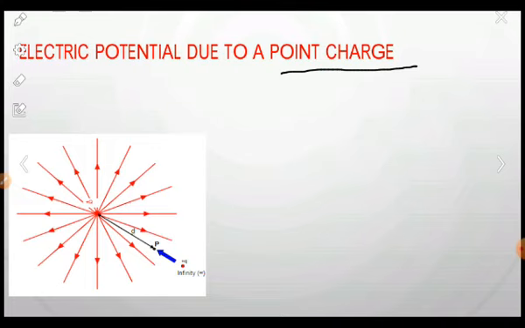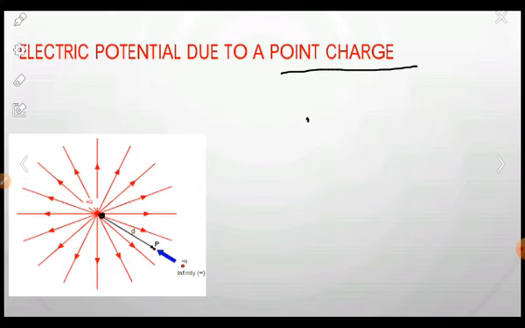The charge which does not occupy a surface area, which does not contain an area, and which does not contain volume, just settles at one place, is known as a point charge.